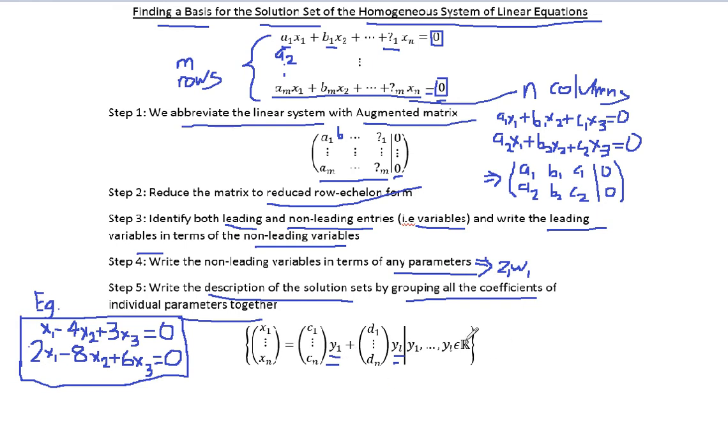If you have two column vectors, you have y1 and y2. If you have three column vectors, you also add y3. So how many column vectors you get in a basis will determine how many y you get. So if three column vectors, y1, y2, and y3.